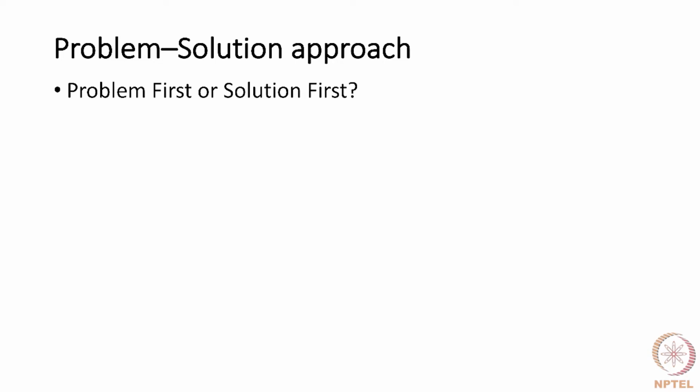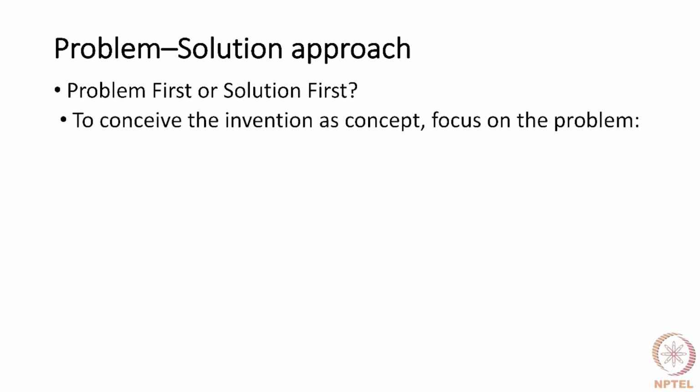If you focus on the solution, which is the invention itself, you may end up describing the invention as its physical embodiments, its physical parts. Whereas if you focus on the problem, the chances of you elevating the invention to a concept are much better. And there are reasons for that. So, to conceive the invention as a concept, you need to focus on the problem.